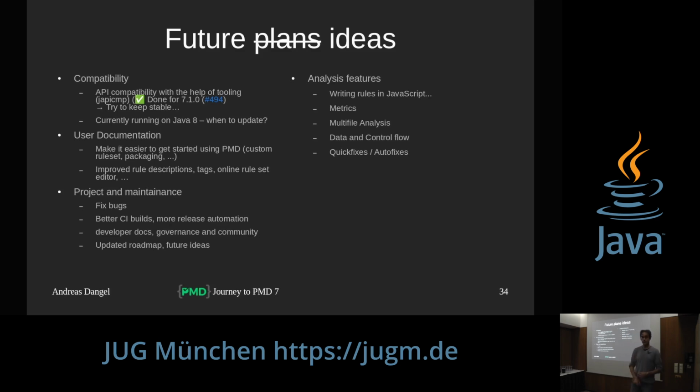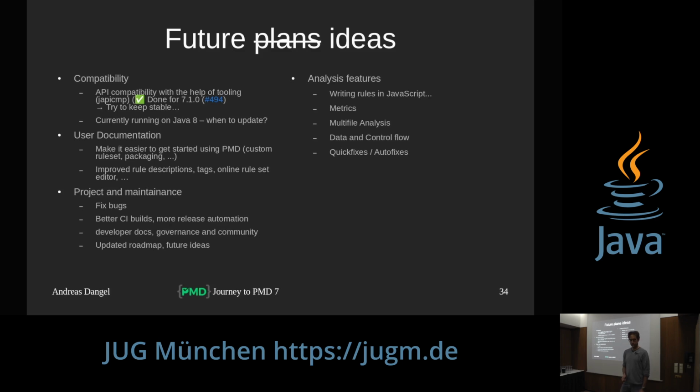Multi-file analysis is long discussed, and we postponed it again. Currently, PMD analyzes file by file. That's good because we can do it in parallel. But for some tasks, it would be interesting to have an overview of the complete project, especially if you want to do some usage analysis, whether something is used somewhere in the project or not.